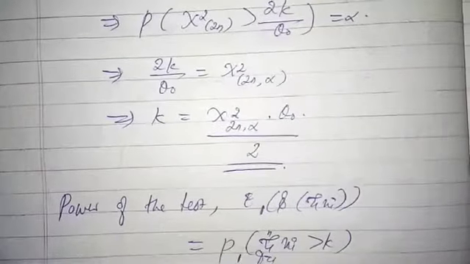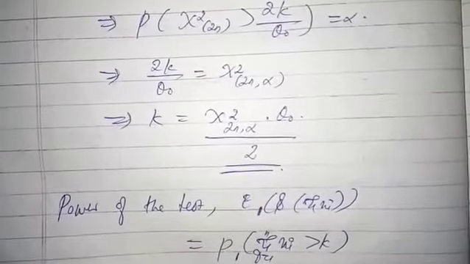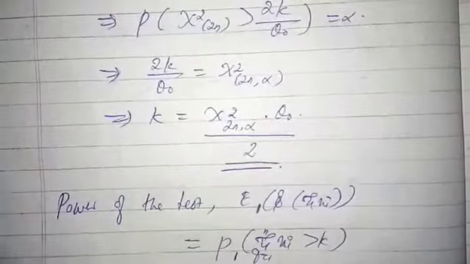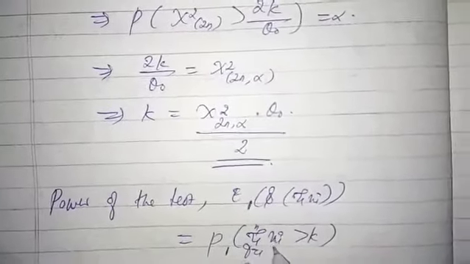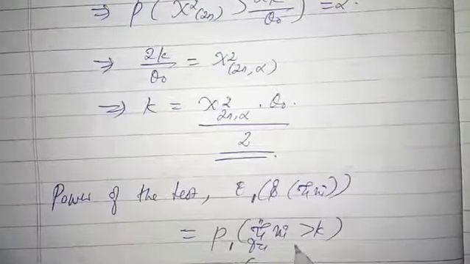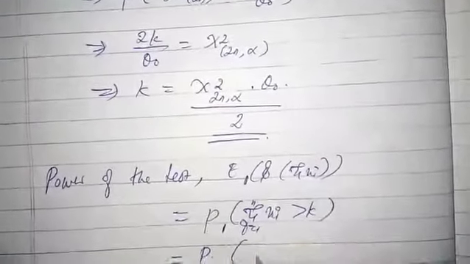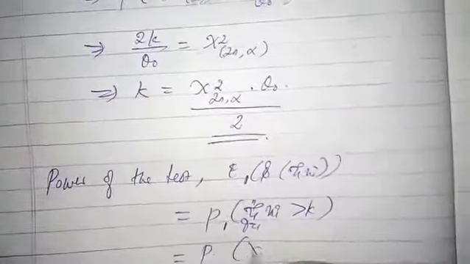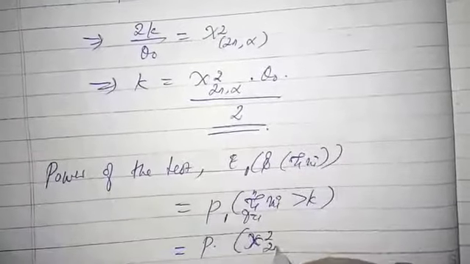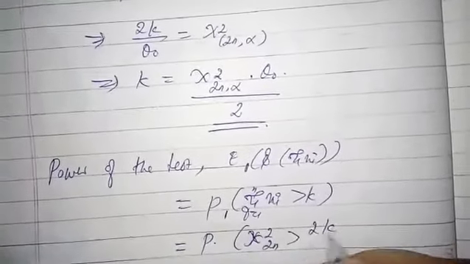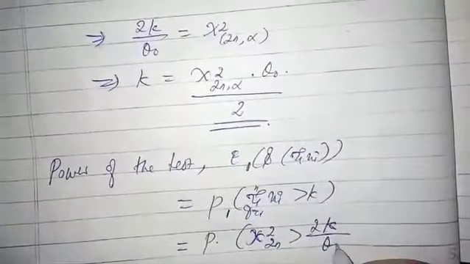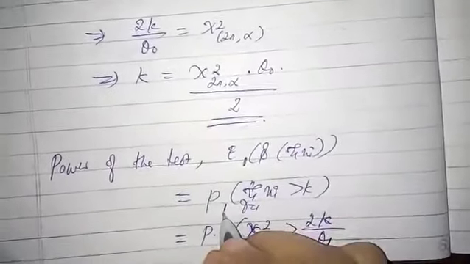So here also 2 times summation xi divided by theta follows chi-square with 2n degrees of freedom, so we make the transformation there. It is chi-square 2n greater than 2k divided by theta 1, because it's under H1, right.